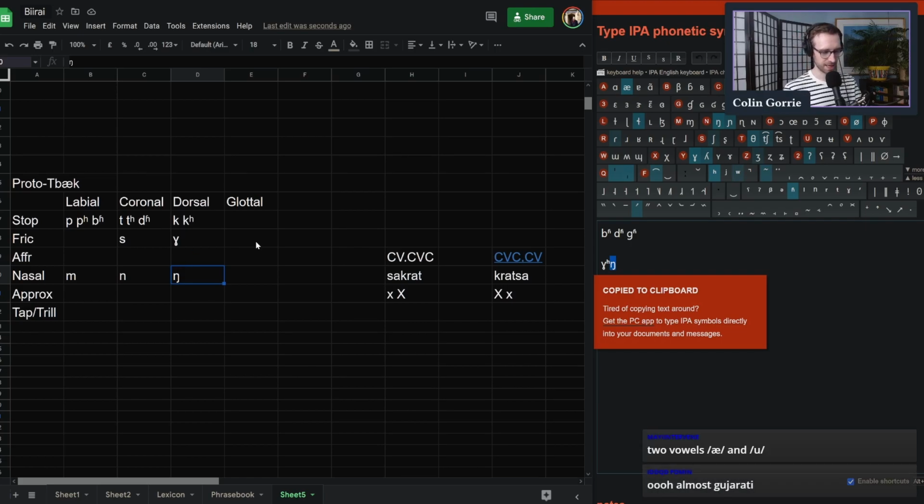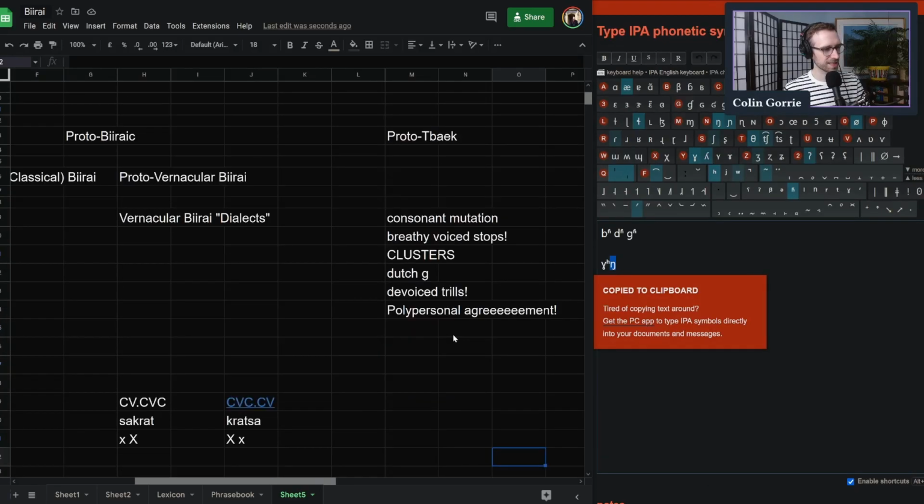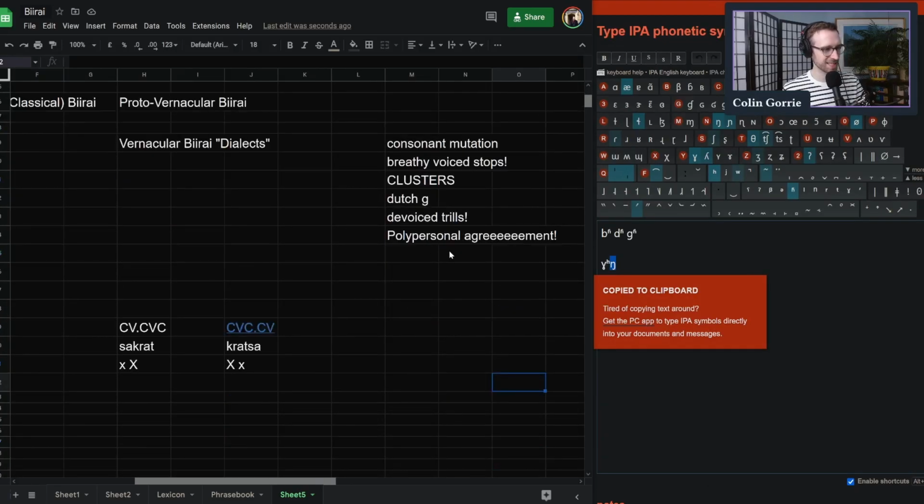We may want to put in an h, I think, here. No affricates at the moment. Nasals, we have our three friends, m, n, ng. And now we need to work on approximants, taps, and trills. And I believe we wanted devoiced trills, as that was a desideratum.